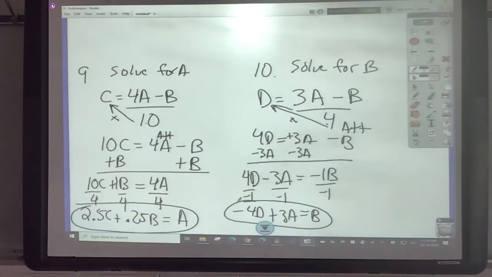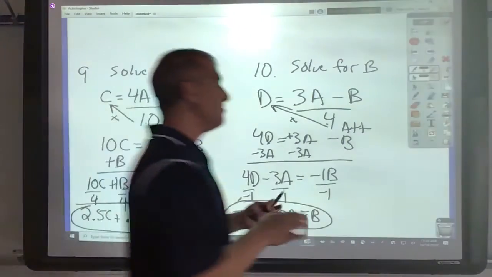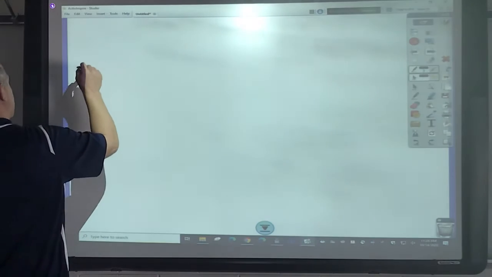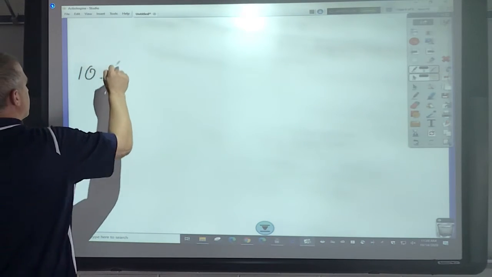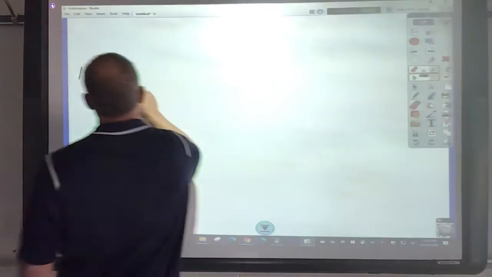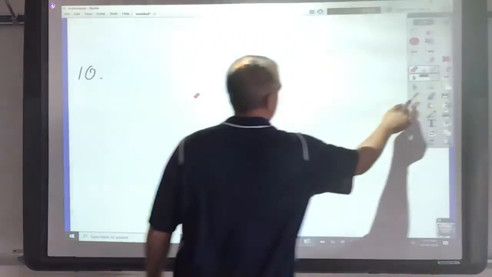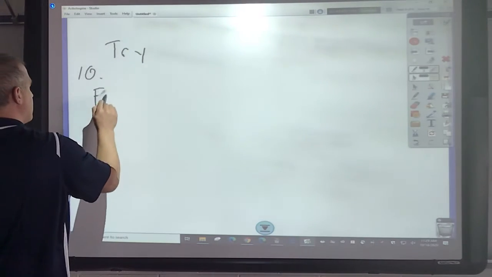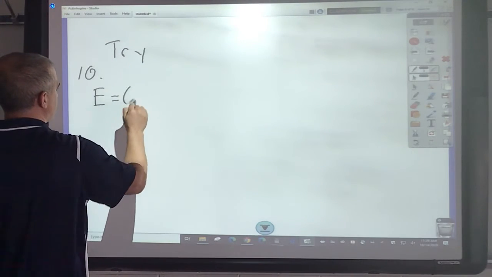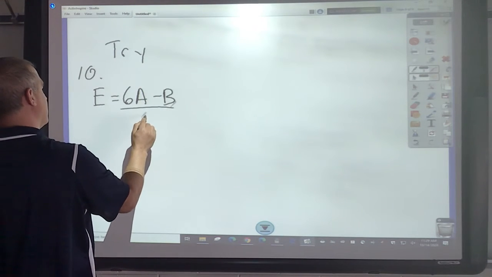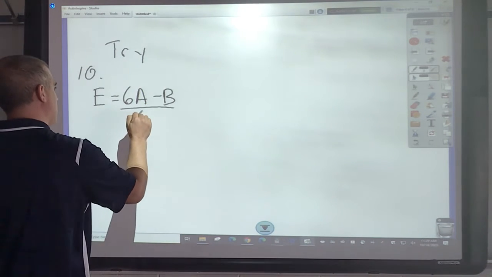Okay? All right? And so I'm going to give you guys 2 to do, and that's going to be the literal equations. I'd like you guys to try. We'll have e equals (6a minus b) over 12.